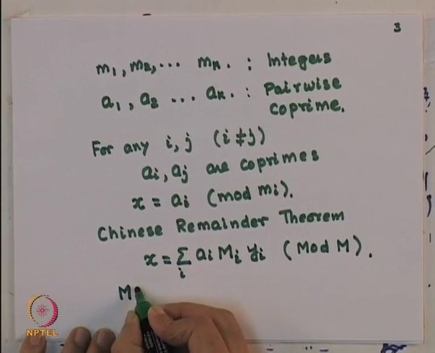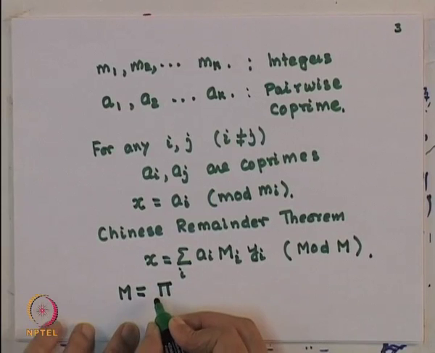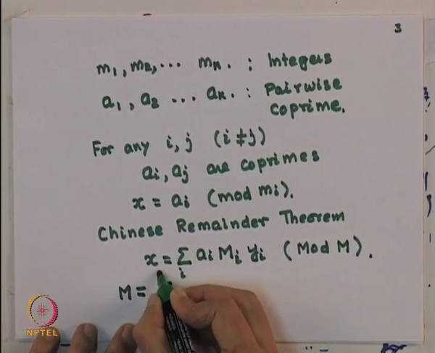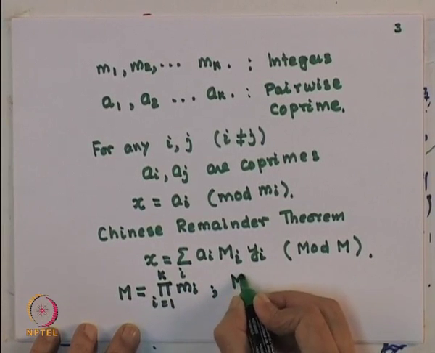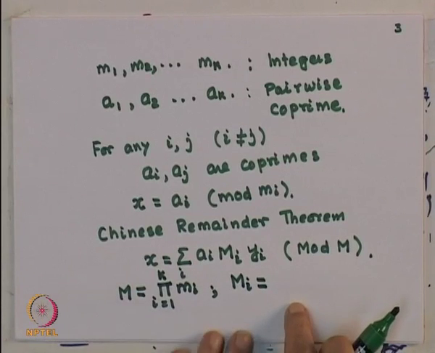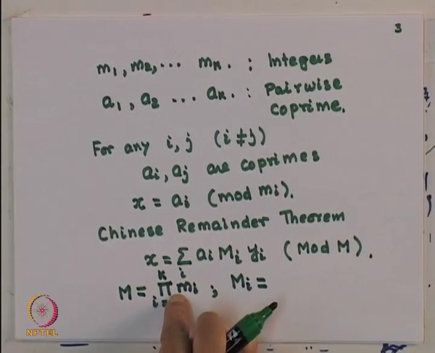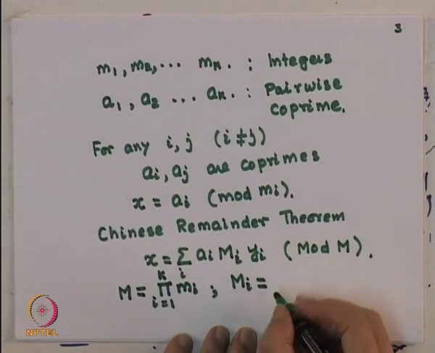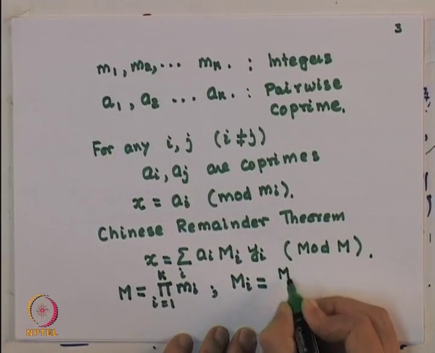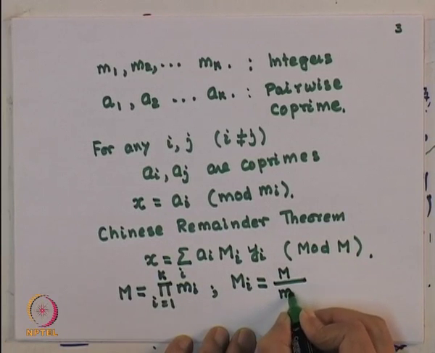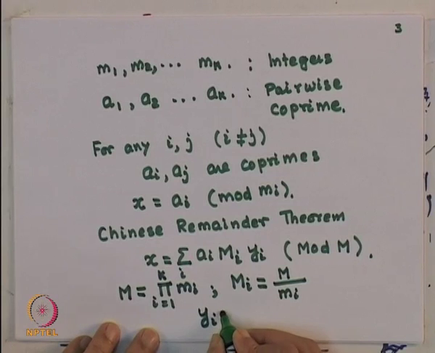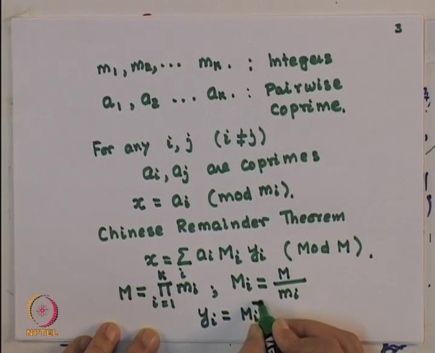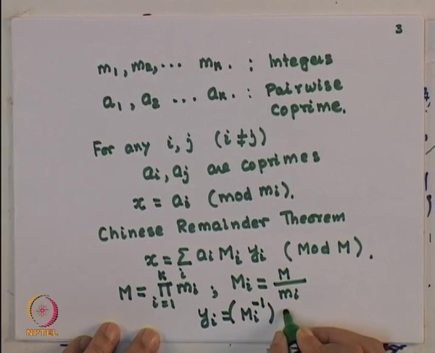We define capital M as equal to the product of all the k mi's, and capital Mi is the product of all mi's other than the ith one. What it means is capital Mi is simply M divided by small mi. And finally, I need to define yi, and yi is Mi inverse mod mi.